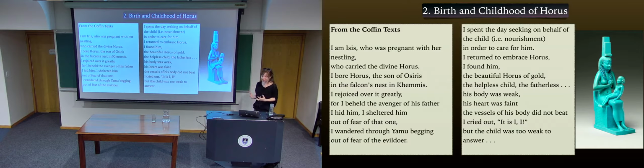There's a series of texts and stories that are all about the struggles of Isis in raising Horus, because he is constantly under threat from Seth. And he's portrayed as this helpless child at the mercy of all the dangers of the world. And the dangers manifest in such things as scorpion stings, as hunger, as fever, as all these things.